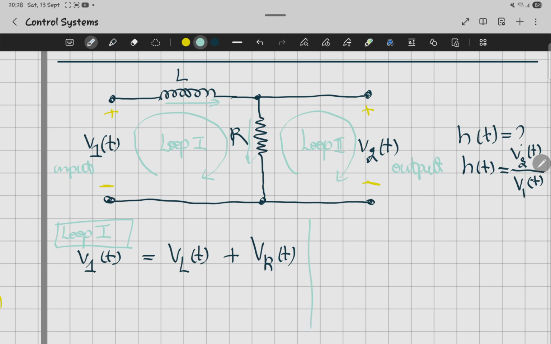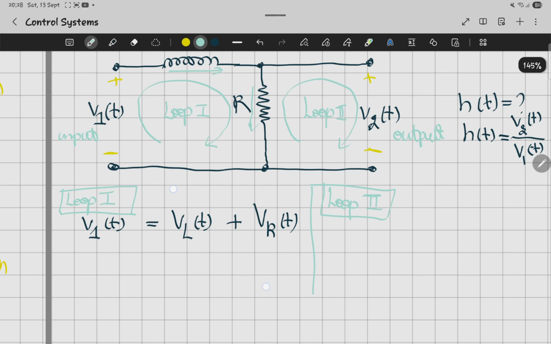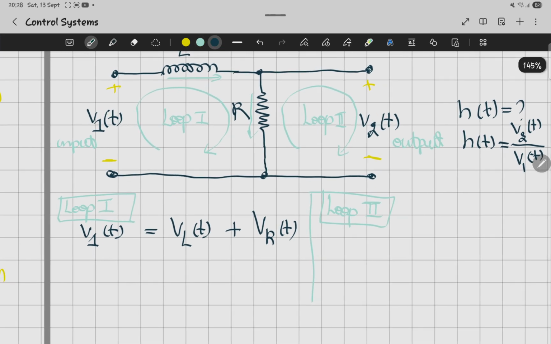And if you want to check loop 2 at the same time, we're actually going to get something like this. It's going to be v2, the same principle: the voltage across is equal to the sum of the voltages inside the loop.